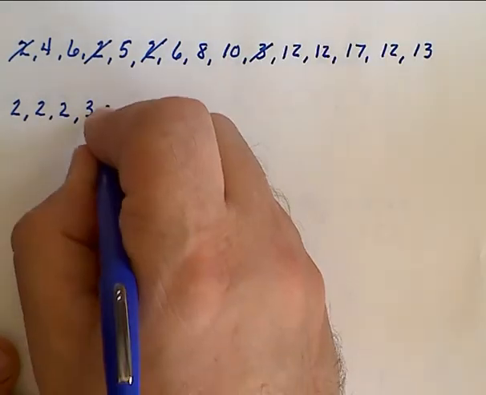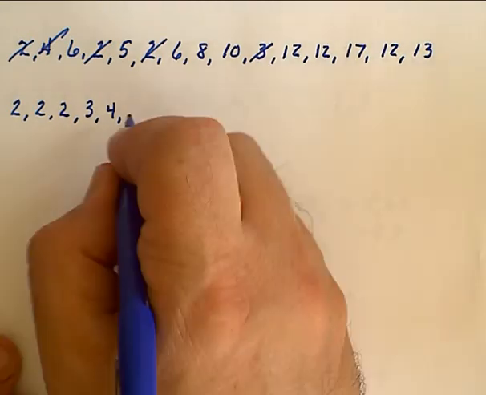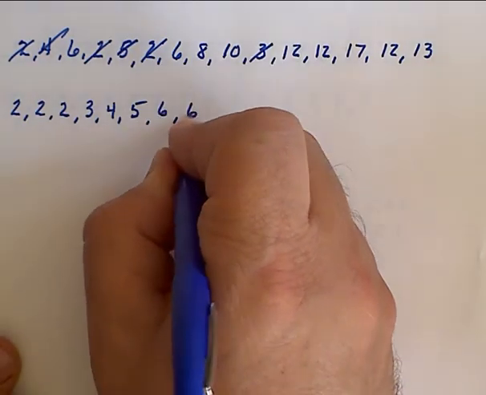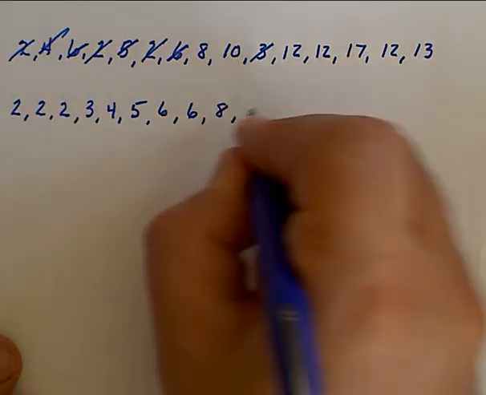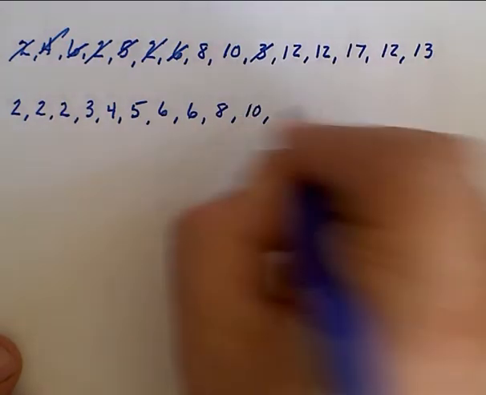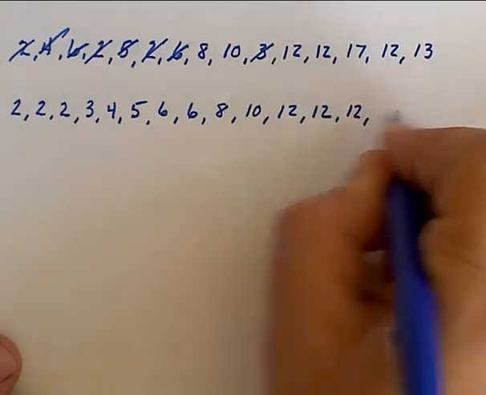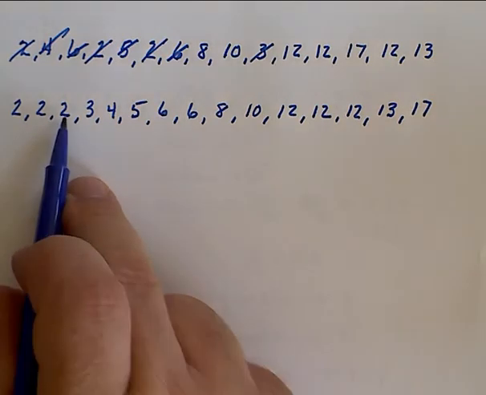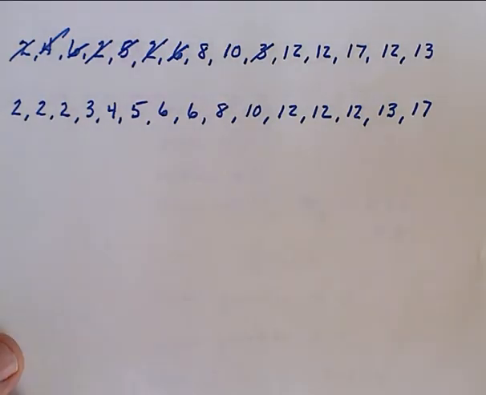A 4, a 5, 2 6s, and then it goes 8, 10, 12, 12, 12, 13, 17. So again, let's count them up. 3, 6, 9, 12, 15 numbers, so everything is there. You should be able to find everything you need from that list and then answer the questions accordingly.